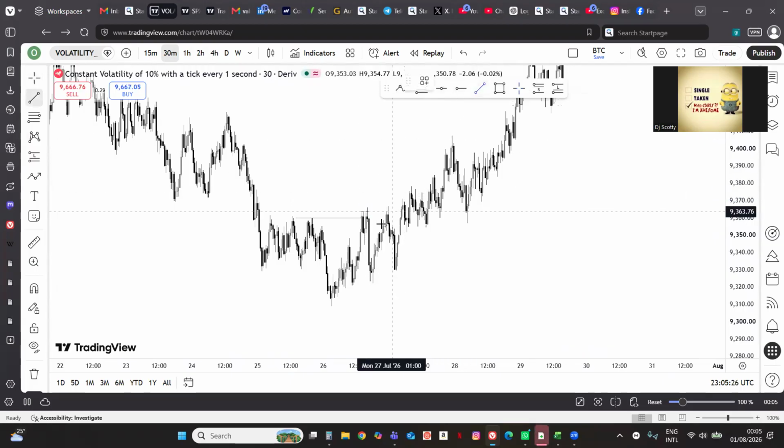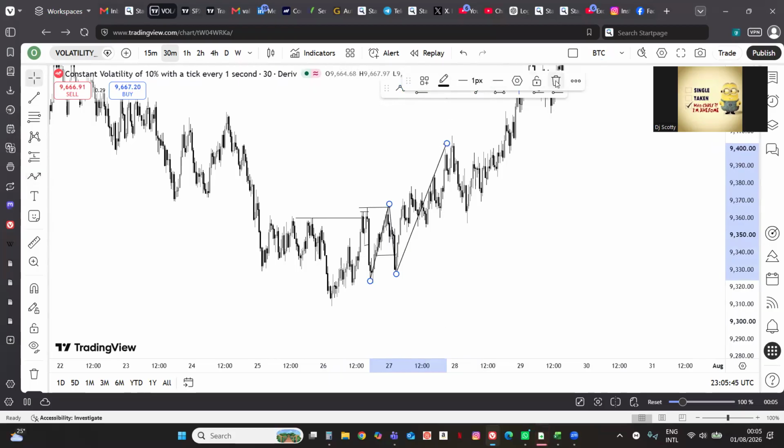And you can see that this is where we had a sweep of liquidity here. Market made this sweep here, and then had this inducement here, and then came on top here and broke structure. So as it broke that structure, it came back to take out this liquidity and then continued buying. The same thing.